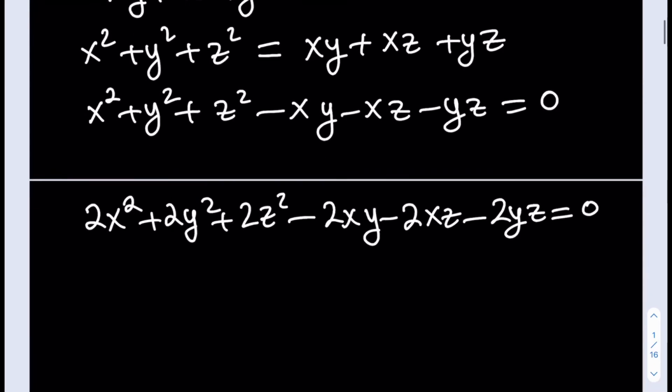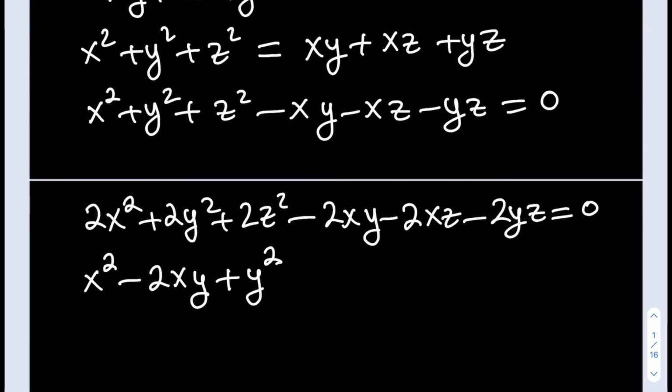Now, once we do that, this expression becomes more meaningful because now we have the negative 2xy, negative 2xz, negative 2yz. Along with the squares, what does that remind you? Doesn't that remind you that we can complete the squares here? We definitely can. So let's go ahead and do that. I'm going to borrow x squared from here, put a negative 2xy, and then what I need to complete my square is y squared.